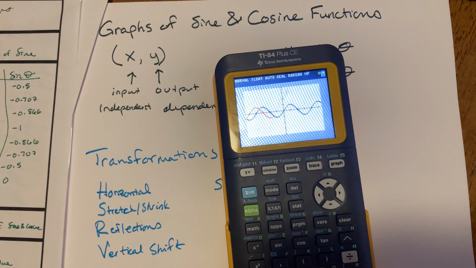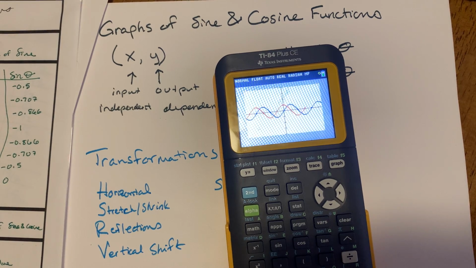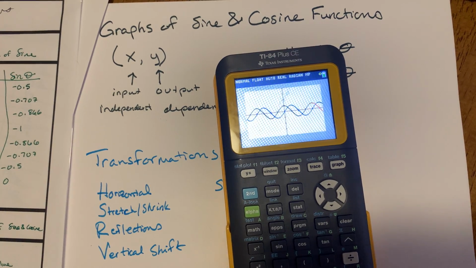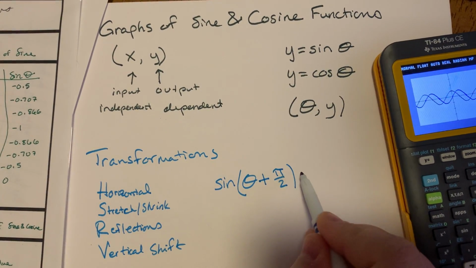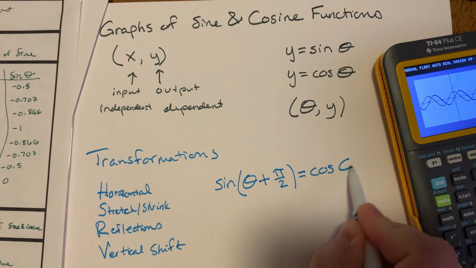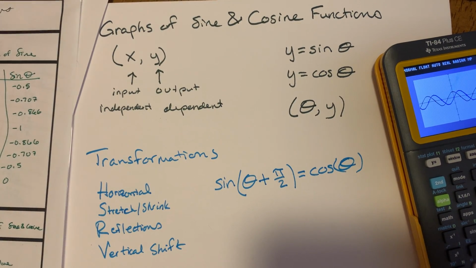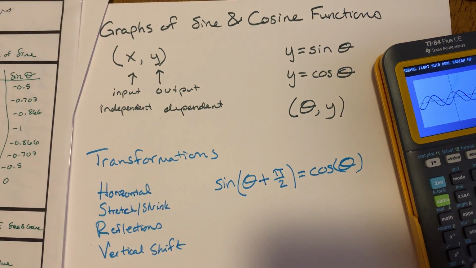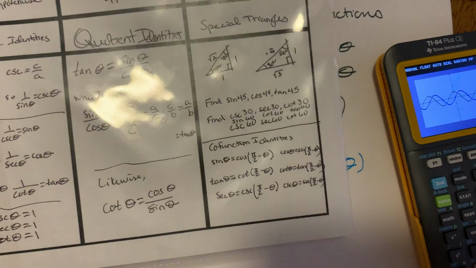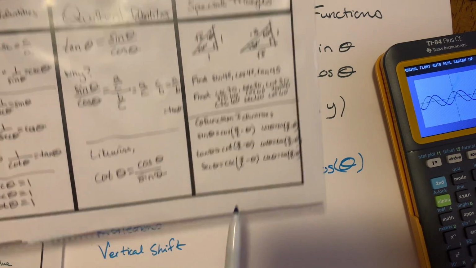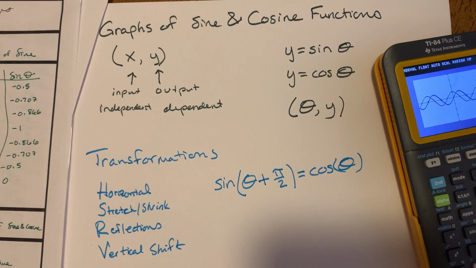Here's our cosine. And where's that black line? Sine of theta plus pi over 2 is cosine of theta. And so notice what's happening is the same as something we learned in 5.2, where we had our cofunction identities, where our sines and cosines were just offset by pi over 2.